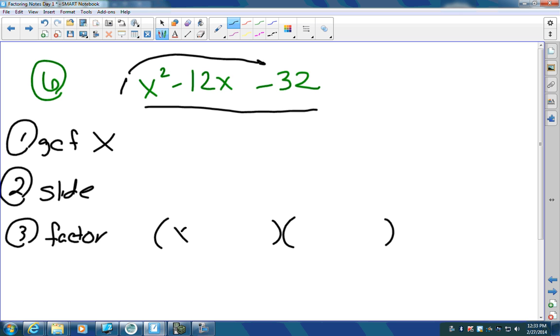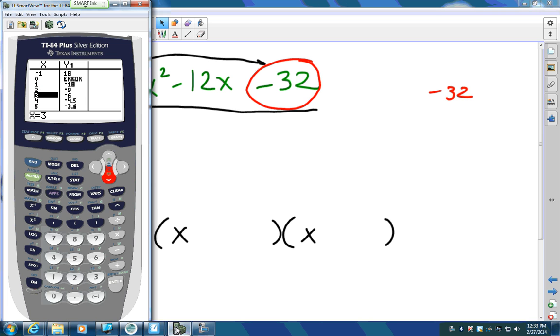X squared splits up as x and x. Now, you need the factors of the last number right here. Negative 32 is where I need my factors. So I go to my handy-dandy calculator, and I'll do negative 32 divided by x.